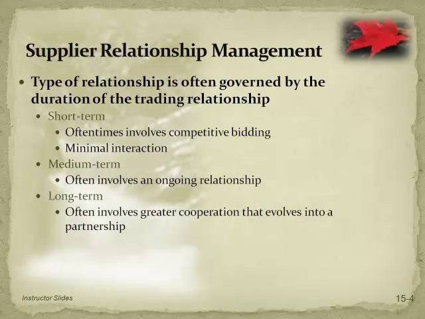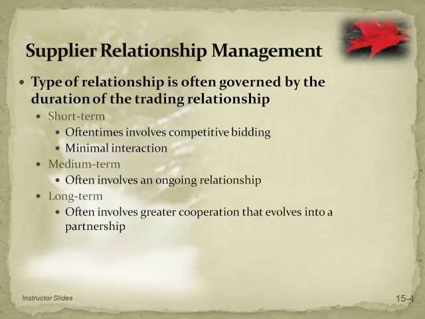So the type of relationship that we may want to have with each supplier can vary depending upon the importance of the material that we're purchasing from them. Also, taking into consideration the amount of money that we are investing in that company. So we could have a short-term relationship.